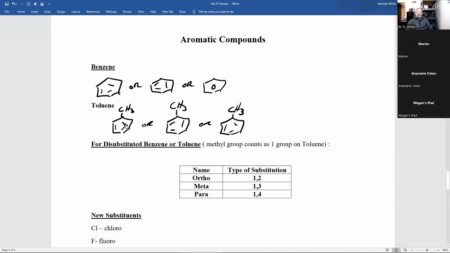IUPAC took the long-used names for both benzene and toluene and said, we're not going to get organic chemists to change their names. We'll just call them benzene and toluene. And remember, when you're doing reactions or nomenclature, if you don't show the bonds or the circle, that's cyclohexane.